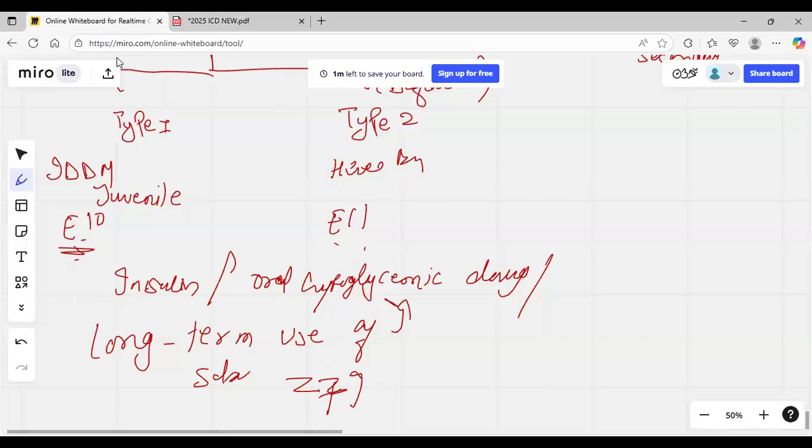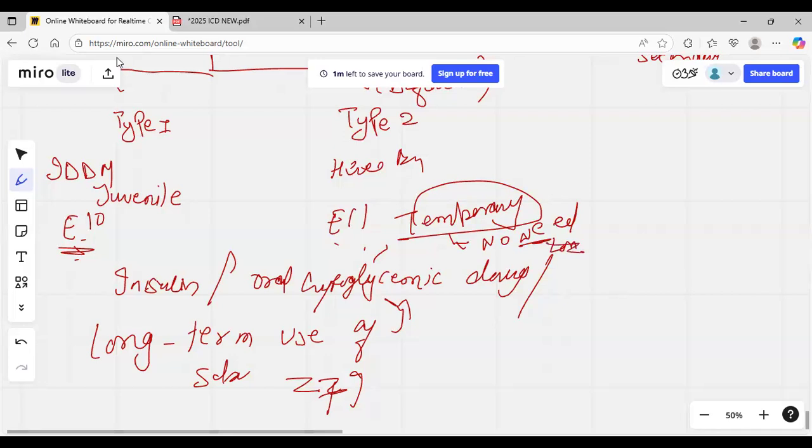If the patient is using a drug on a temporary basis, in that case, you will not use a code from series Z79.